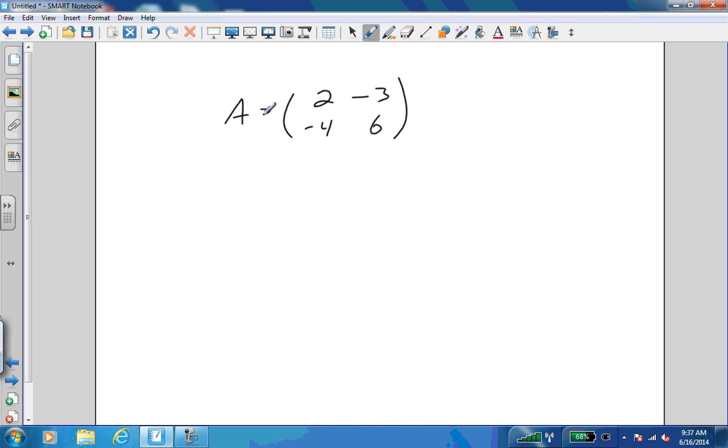So that's A. Basically what we're going to do is take this matrix and put it in row echelon form so that we get 1s on the diagonal and 0s below it. We're not going to put it in reduced row echelon form. We're not going to worry about having 0s here, just 0s here and 1s here. So let's begin by making our first row half of what our first row was.